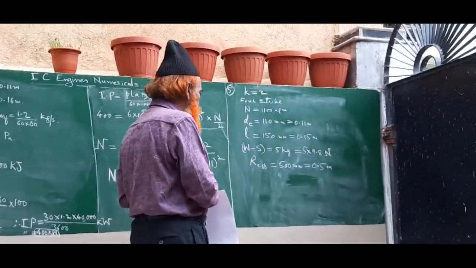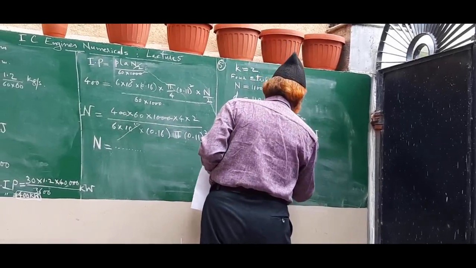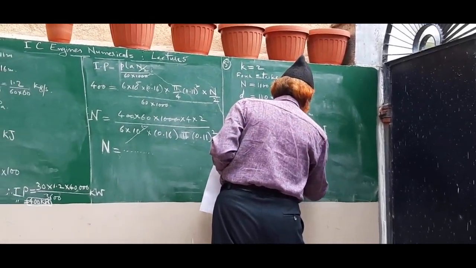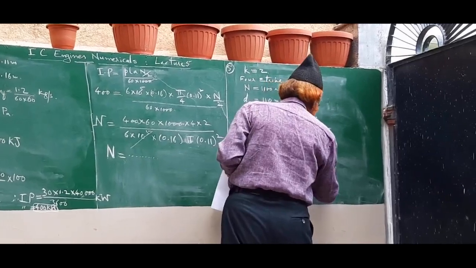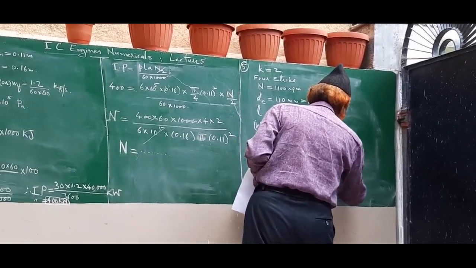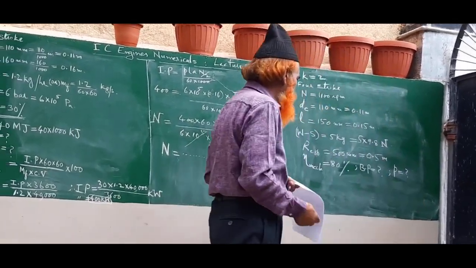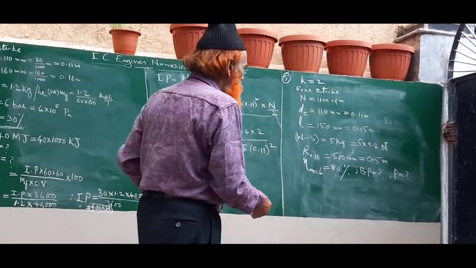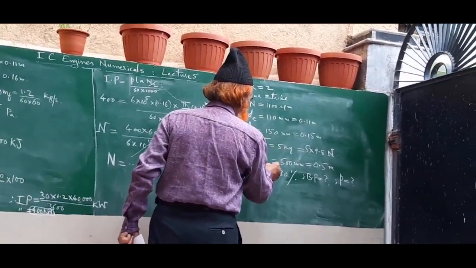Mechanical efficiency is given. Now what is asked to find? The brake power. Brake power is how much? And mean effective pressure P is how much? These two things we have to find. Now you know W minus S, you know R effective. From these two you can find the torque.